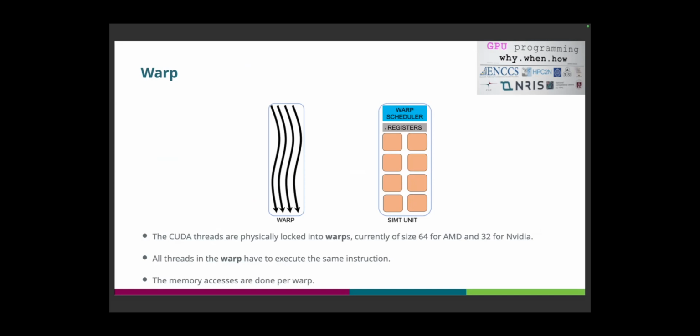If we fill up the registers, then we end up in trouble. Something called spilling happens, and then slower memory is used, and you will see the performance drop immediately.